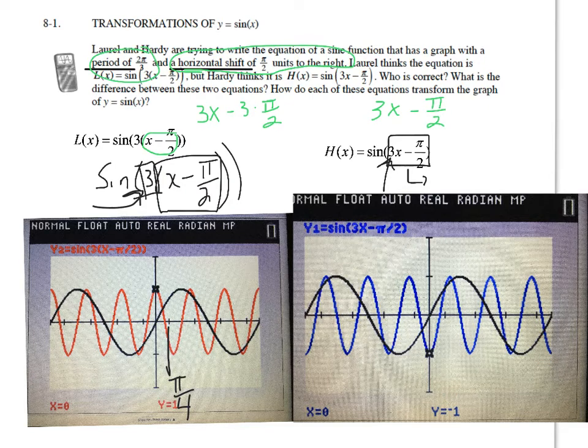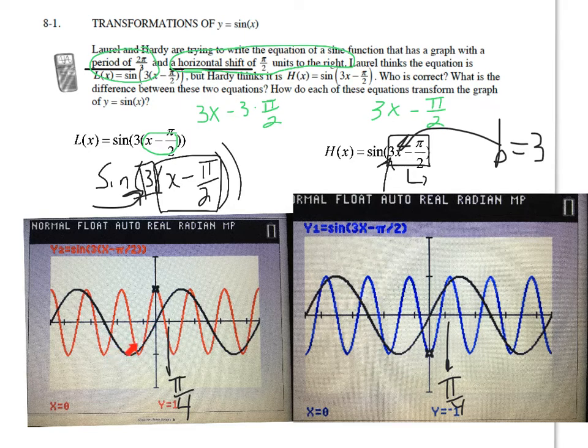So our b value equaling 3, meaning that there's 3 cycles in 2 pi, is satisfied. But what about that horizontal shift? Again, the tick marks here are pi over 4. So let's use that influential point of 0, 0. Where is that being shifted?